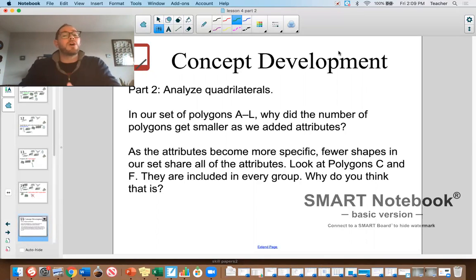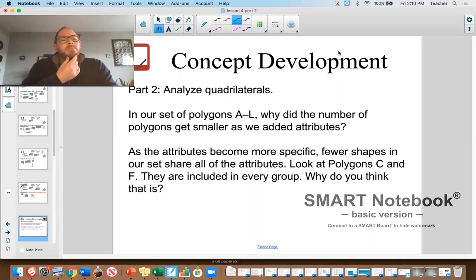So when we were classifying our quadrilaterals, why do you think the number of polygons that we were including in each group got smaller as we added more and more attributes?